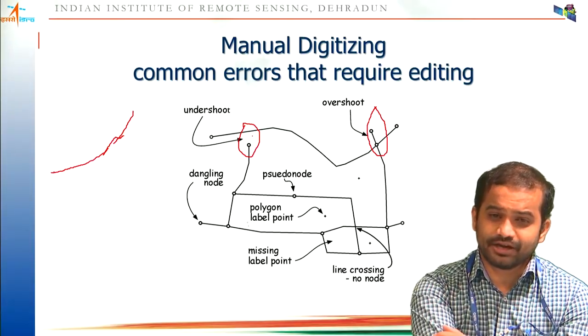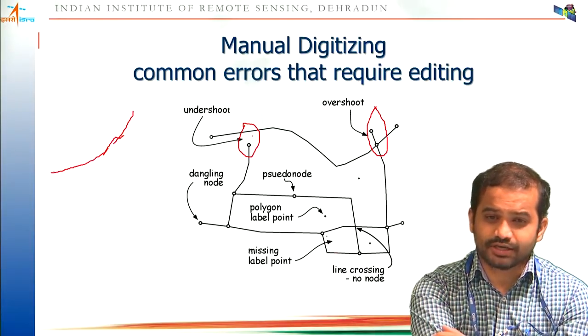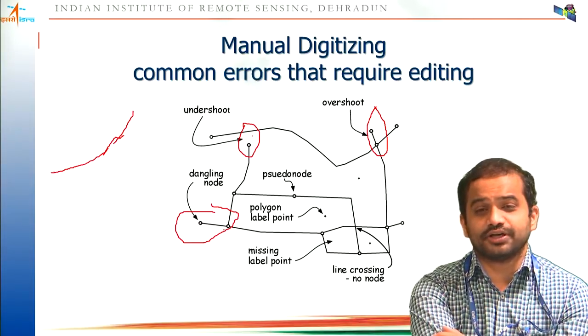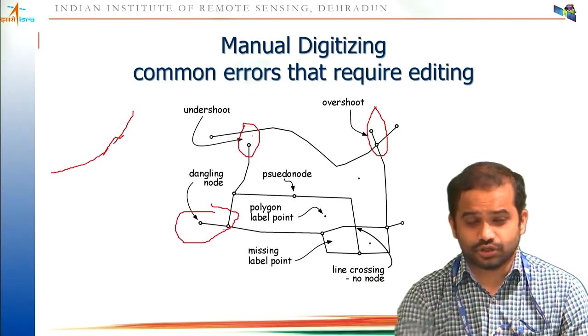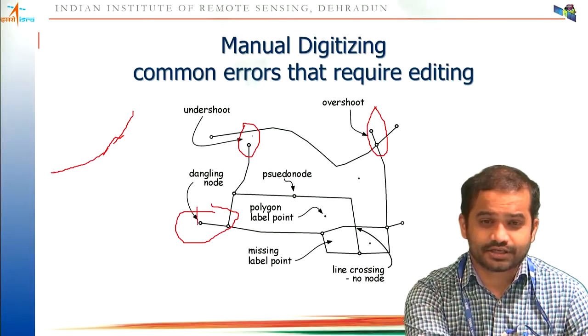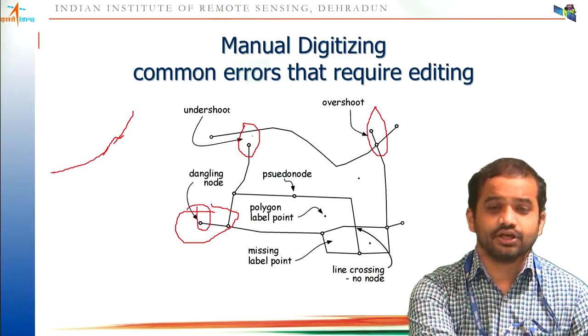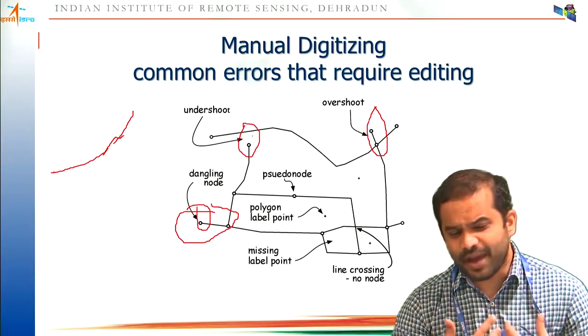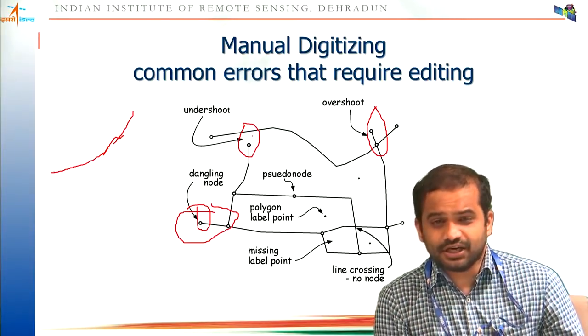Similarly, if you are digitizing a polygon, the polygon should close, but in place of closing, you have one edge coming out of the polygon. This is called a dangling node. This node here is called a dangling node. This is unnecessary. The point to understand here is that there are many kinds of features available on the ground.